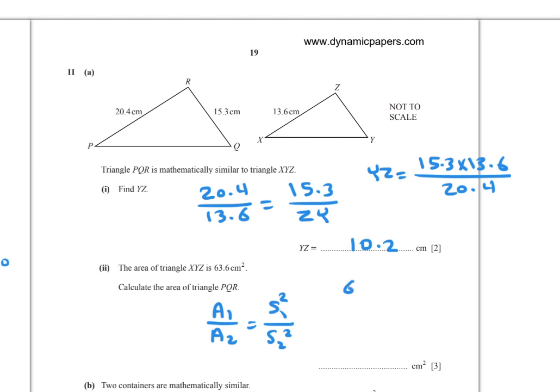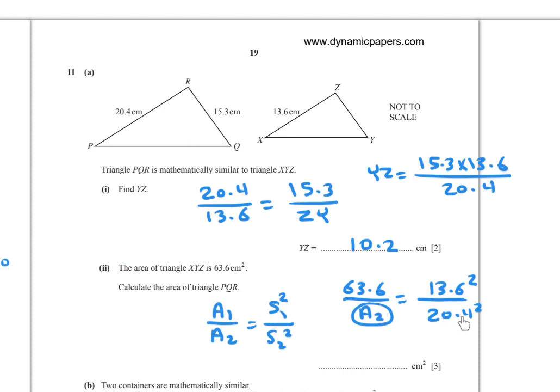So 63.6 over area 2 equals 13.6 squared over 20.4 squared, and cross multiply to find the area of triangle PQR.